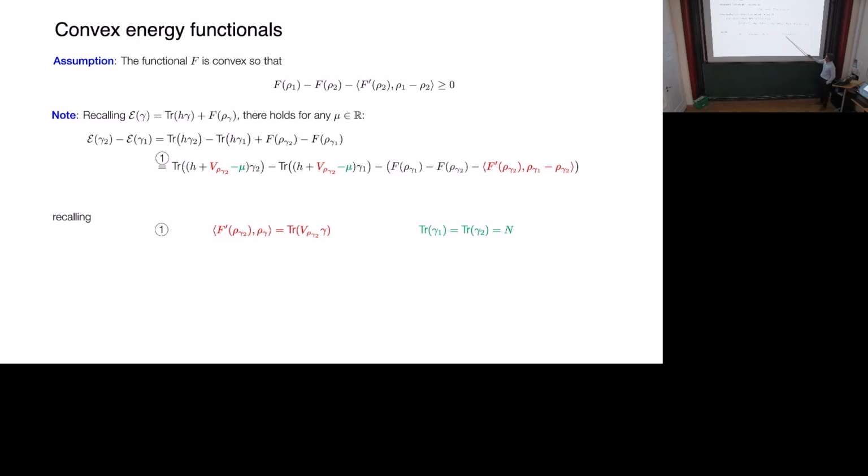First of all, the trace of the two gammas, you assume them to be n. They have the same trace. So if you write here trace of a scalar times gamma 1, this is the scalar times n, and this term is equal to that term if you take the trace. They cancel out. Second point, you can write the derivative of f here as a trace of the potential times gamma.